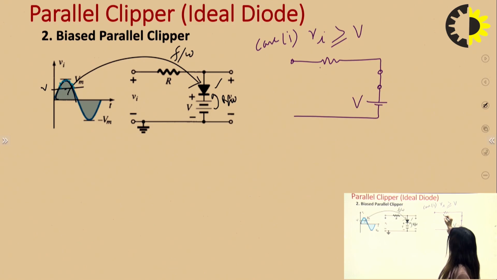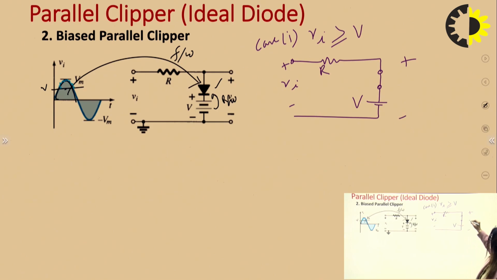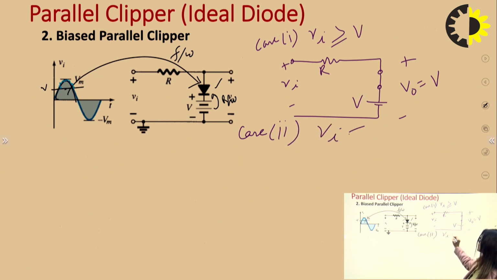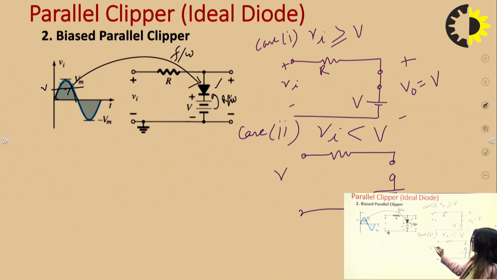Here, Vi, and from this, Vo is equal to V. And case 2, when Vi is less than V, then the diode is open, and here Vo is equal to Vi. Here there will be no voltage.